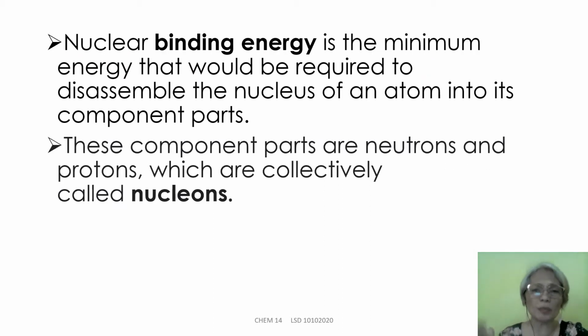Now, the nuclear binding energy is also the minimum energy that would be required to disassemble or to separate the nucleus of an atom into its component parts. These component parts are neutrons and protons, which are collectively called nucleons.